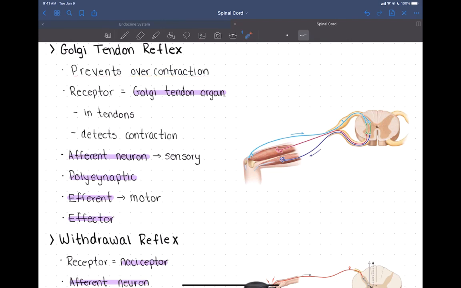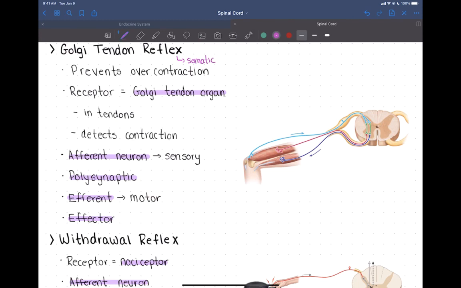A lot of times you'll see this if you watch bodybuilders trying to pick up more weight than they can handle: all of a sudden their arms just give out and they drop it. They don't have any control over that. That's just a reflex because the muscles are over-contracting. This involves skeletal muscle, so it's going to be a somatic reflex.